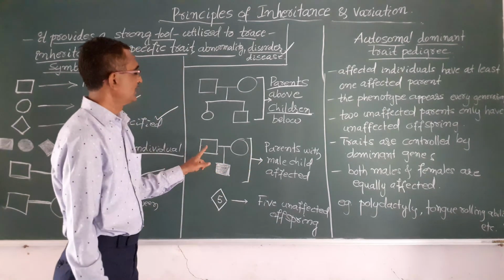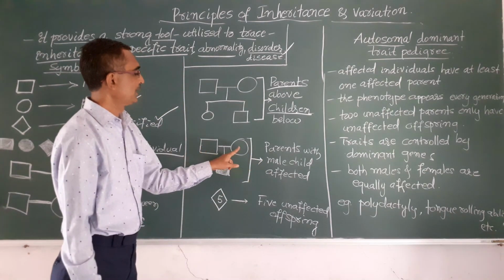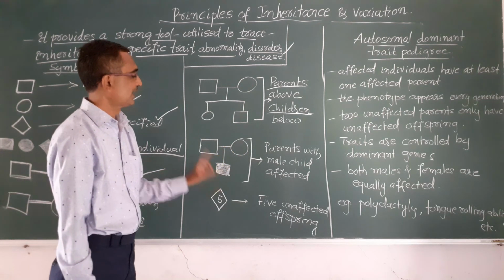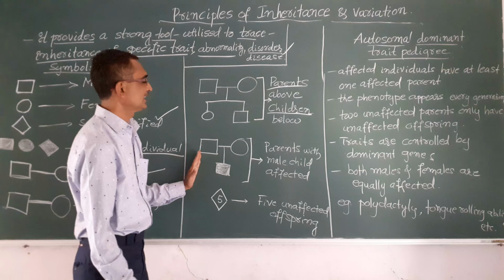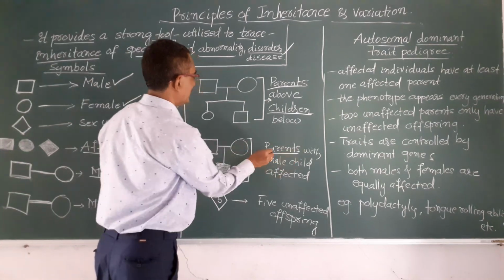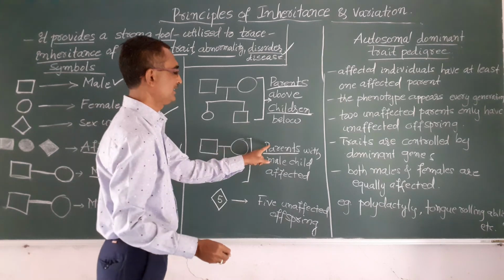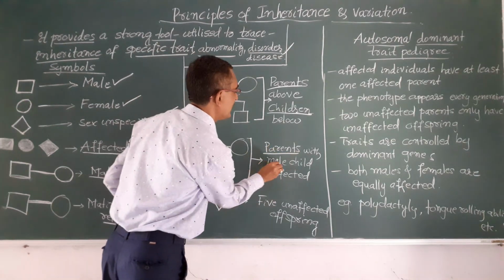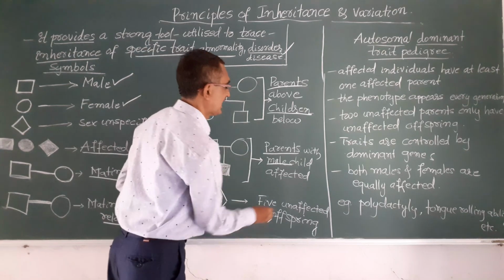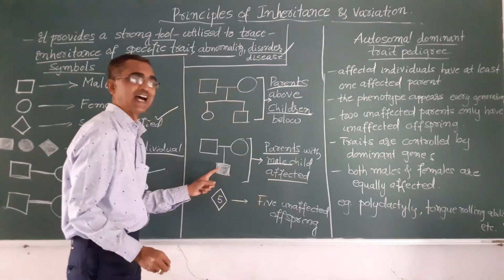And you see this symbol here. Once again, male, this is female, and this is the male affected. So these male and female are the parents with a male child, and the child is affected, you see, this is darkened.